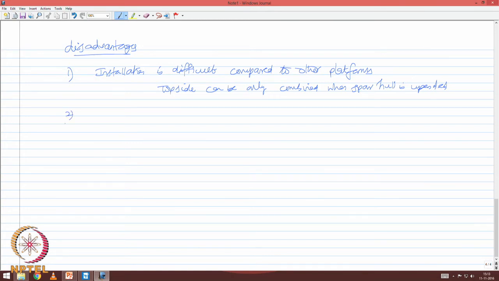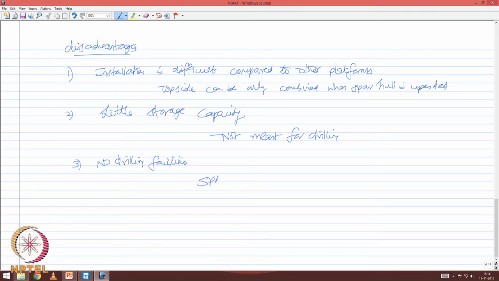The second foremost issue is it has got a very little storage capacity. It is not meant for drilling. So, essentially it has no drilling facilities. So, spar platforms are essentially used for storage and offloading, not for drilling.